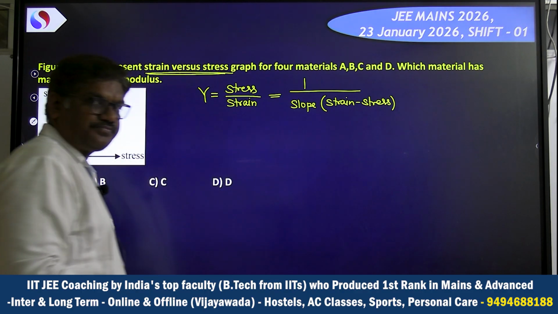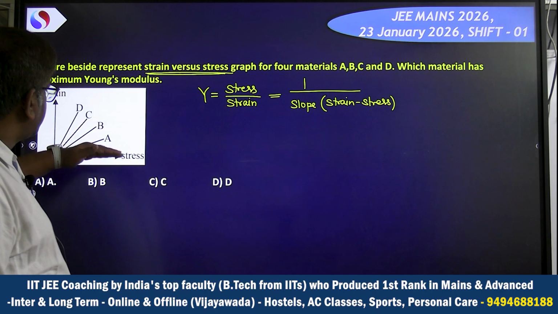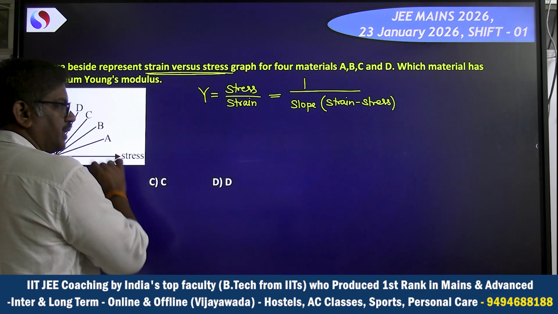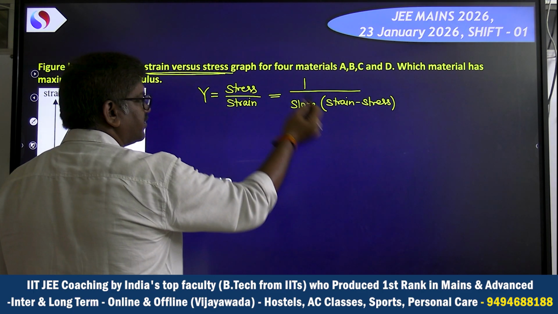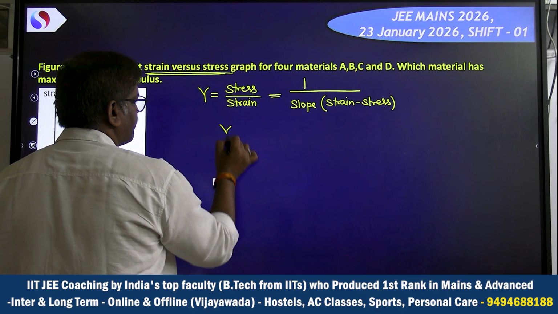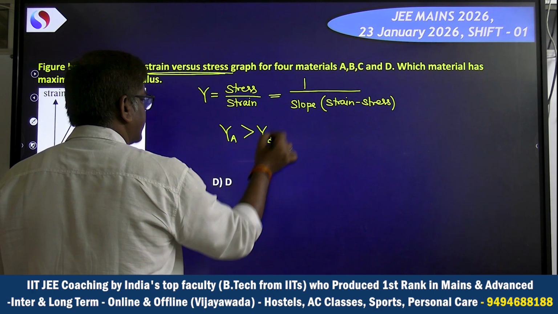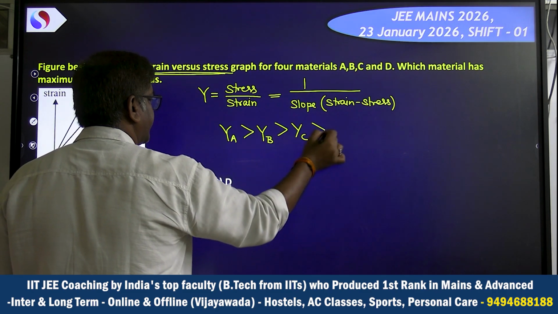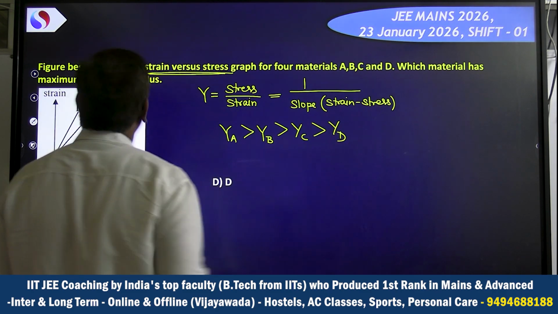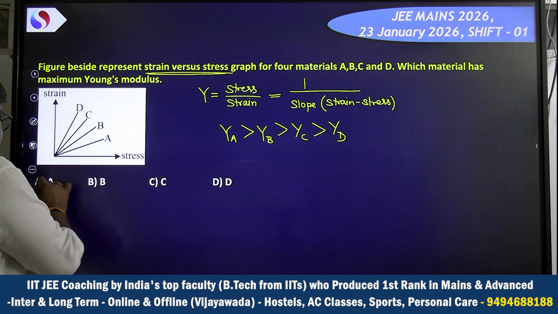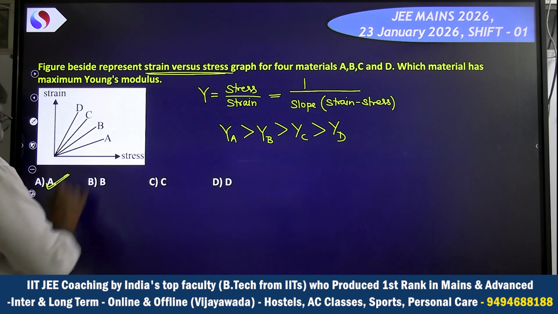Yes or no? In this you can clearly see that the slope of D is maximum and the slope of A is minimum. So whatever slope is minimum will have maximum Y. So YA is maximum, then YB, then YC, then YD. And they are asking for maximum, right? So maximum is A. So we are going with option A.